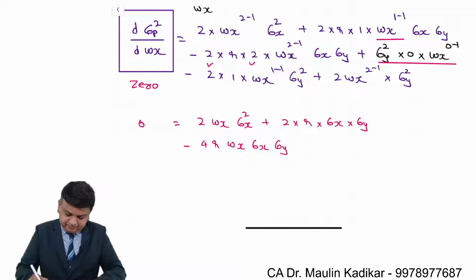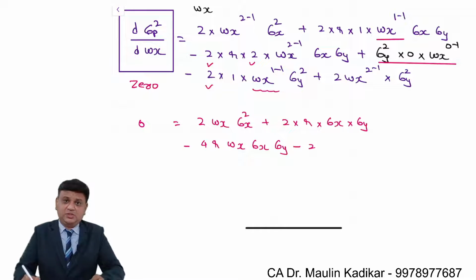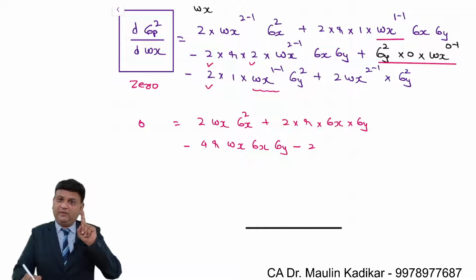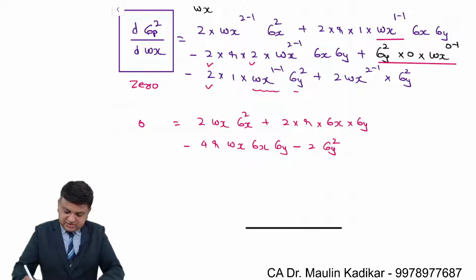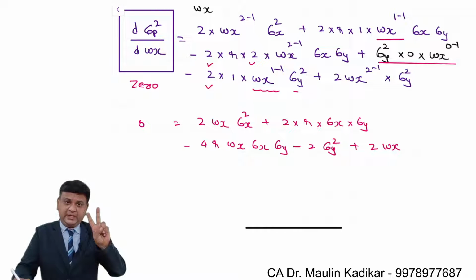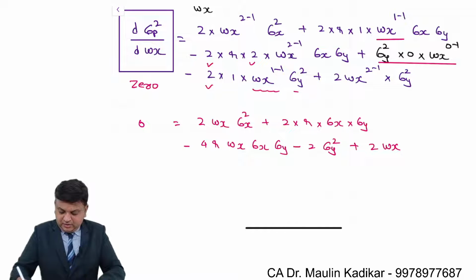Minus, over here it is 2, it is wx raised to 0, anything raised to 0 will become 1, into variance of y, plus 2wx, 2 minus 1 is 1, so it is 2 into wx into variance of y.